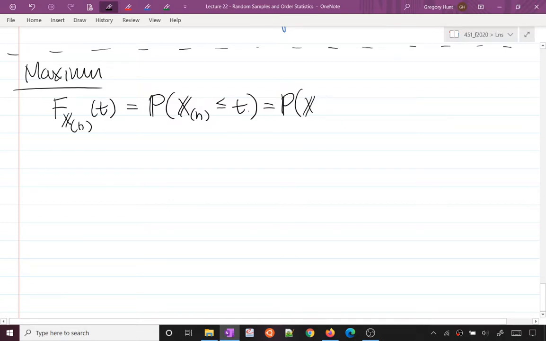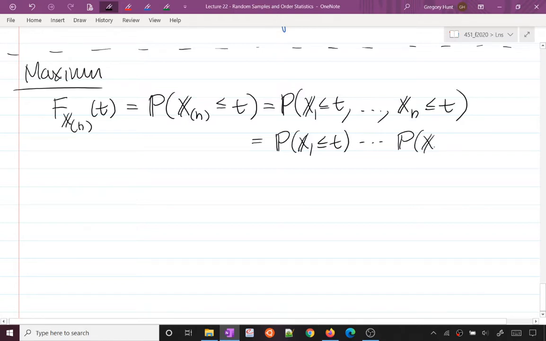So the probability the maximum is less than t is the probability that all of them, x1 to xn, are less than t, because the maximum is less than that and they're all less than the maximum. By independence, I can factor this. If I have a random sample, they're independent, so I can factor this as a product.